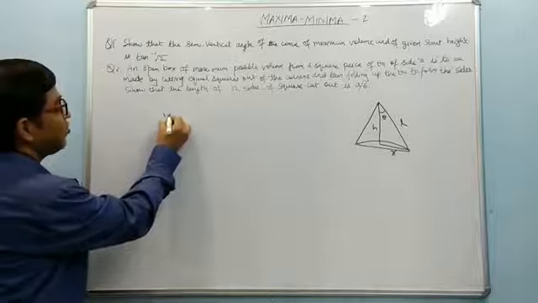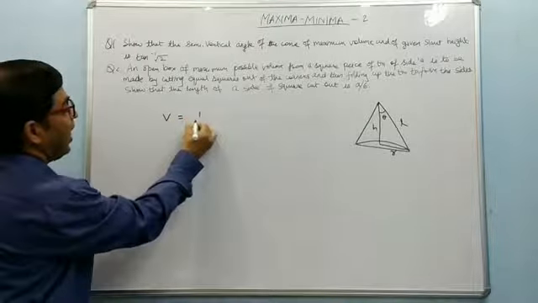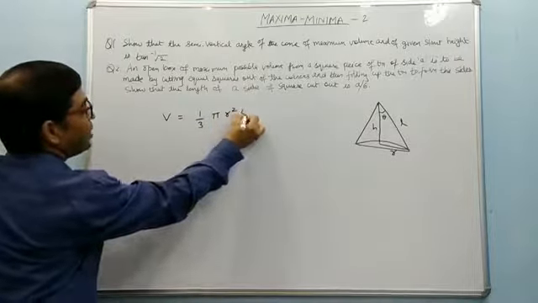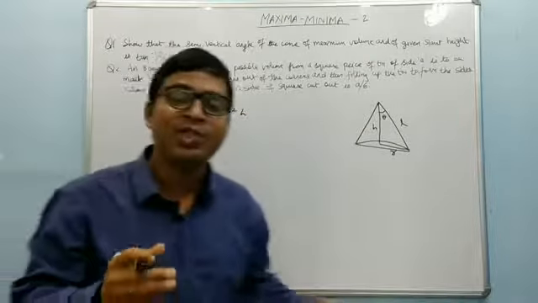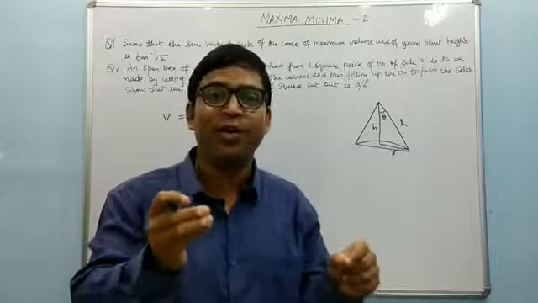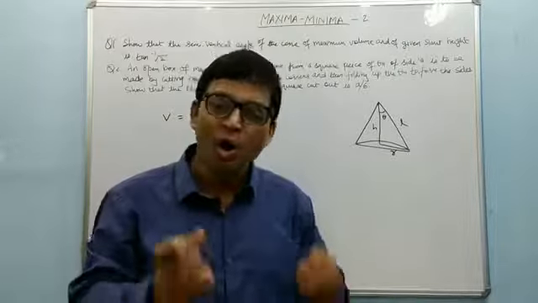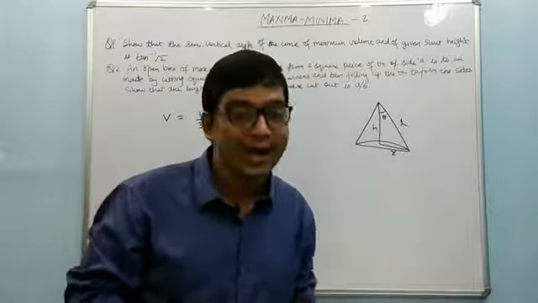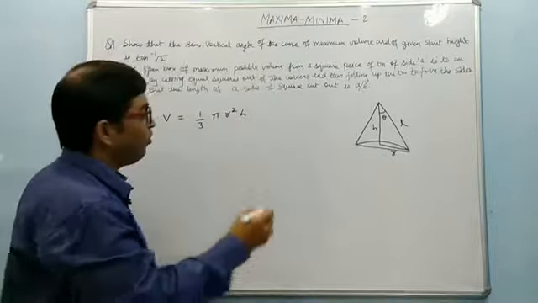So first we will write its formula, which is 1/3 pi r squared h. As we have seen, we have to get rid of one extra variable, or introduce the variable which we want. I am just removing one variable.